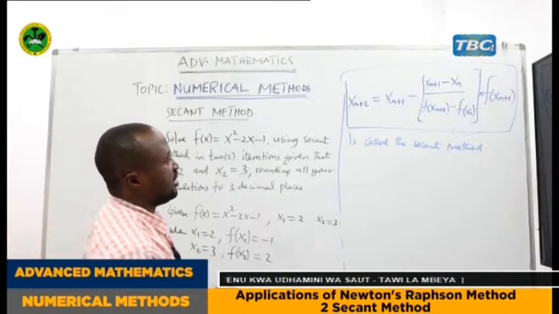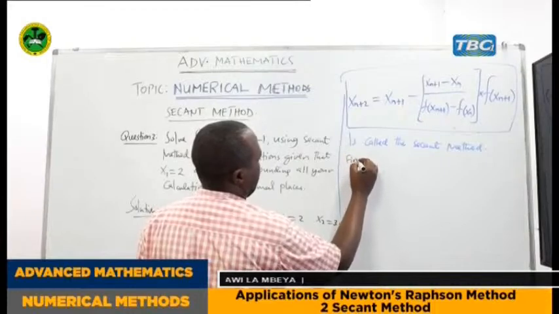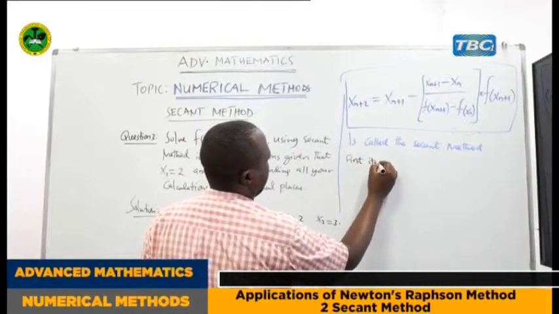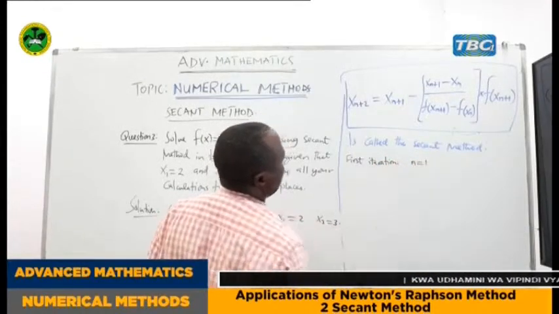First iteration, we say n is equal to 1.